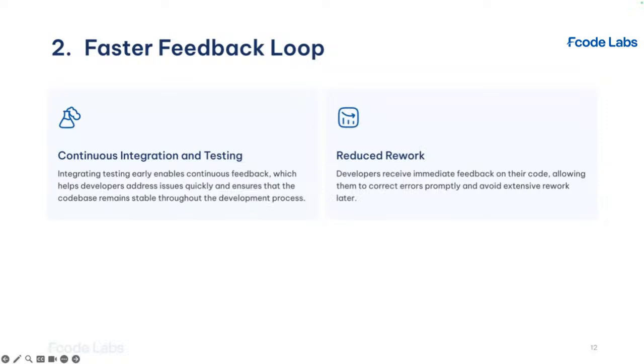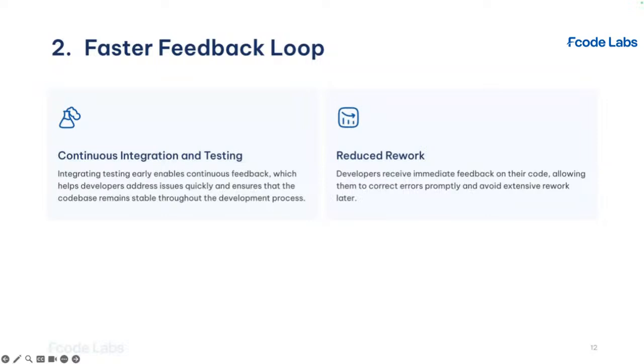The best result of this fast feedback loop is reduced rework. Developers receive immediate feedback on their coding. When they code a new function or a new feature and do the commit, a test automatically runs and gives feedback to the developer on whether there's a bug or defect or not.